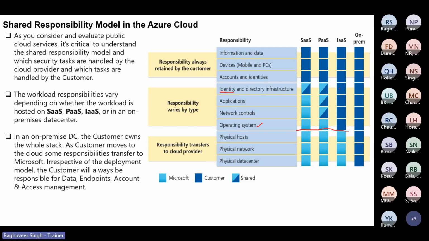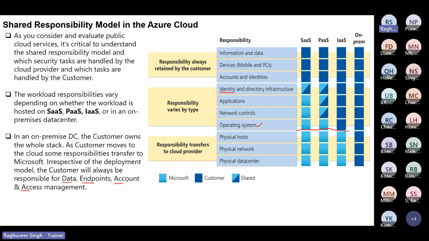All right, so you can focus here. The last line says, irrespective of the deployment model, the customer will always be responsible for data, endpoints, which means mobile devices, laptops, desktops, virtual machines that you provision, accounts, and access management.